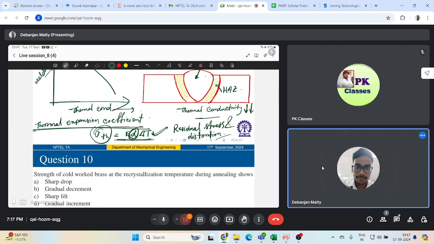Let's say, for copper and aluminum. Copper and aluminum have different expansion coefficients, or copper and Fe. Those have different expansion coefficients. Depending on which is experiencing more expansion, those residual stresses will get generated, right?